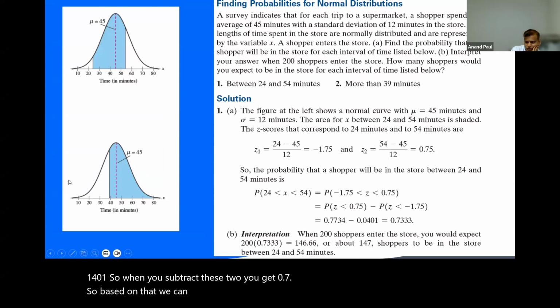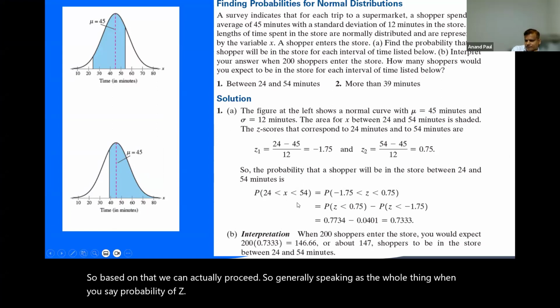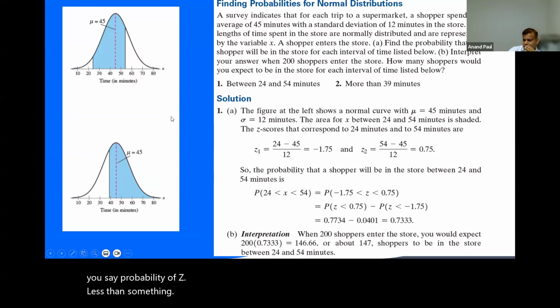So generally speaking, as you know, when you say probability of z less than something, it's like less than infinity actually. So in this case, why do we put up this manipulation part for us to come up with this value?